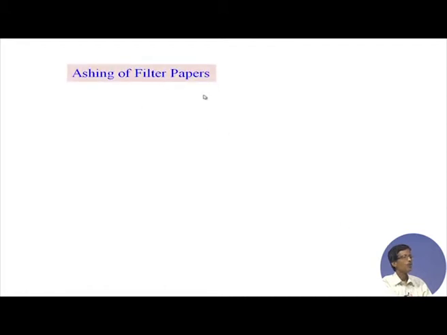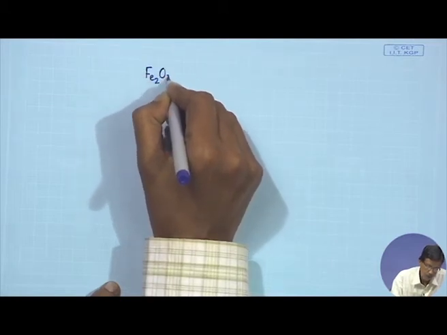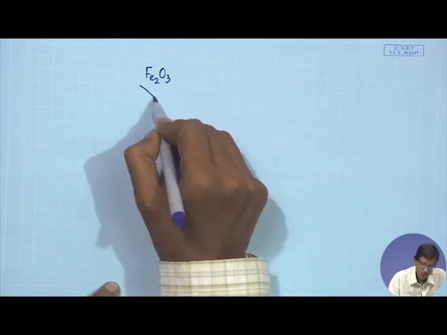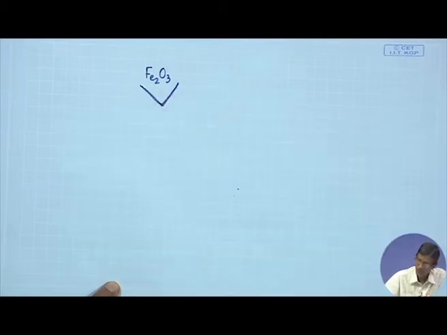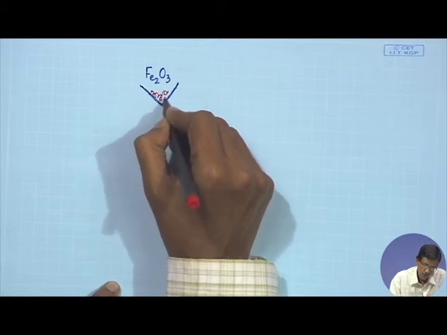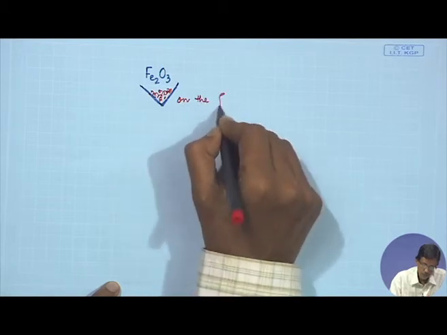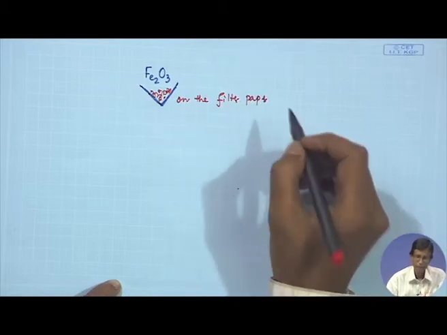Now, how do you go about assaying the filter papers? We were talking about the conversion of ferric hydroxide to Fe2O3. Here is your conical filter paper in the funnel, and this mass of ferric hydroxide is on the filter paper.